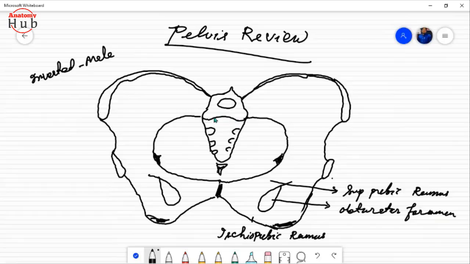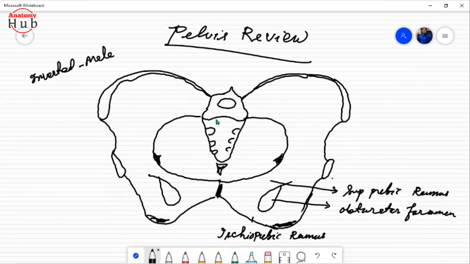So here you'll find this is the sacral promontory over here. This sacral promontory is actually shallowed in female, and it is more convex in male. Okay, and this convexity reduces the space of the pelvic cavity.